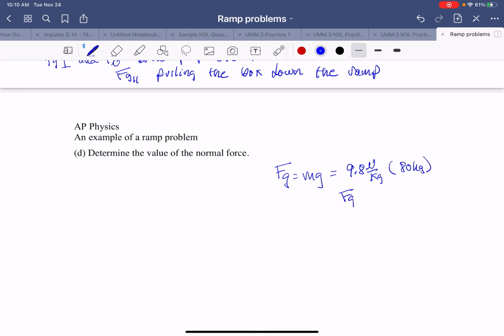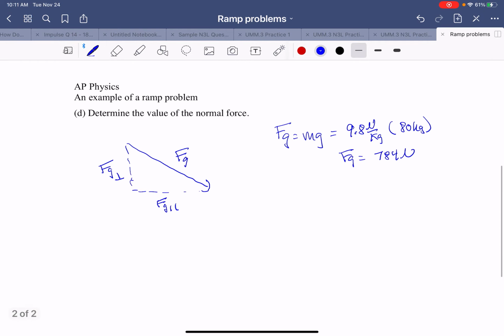So my gravitational force is 784 newtons. Let's take a look at this triangle that we have. This is my gravitational force, and these are the two components of my force: my gravitational force perpendicular and my gravitational force parallel.